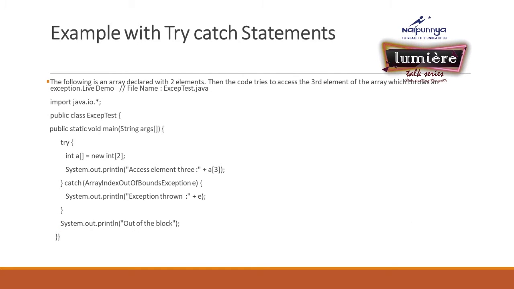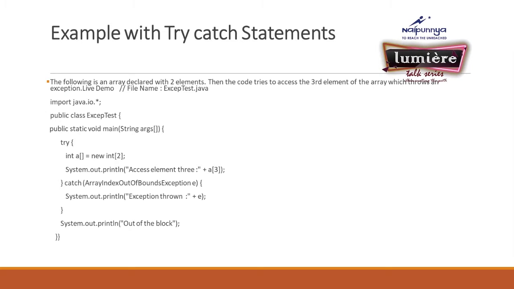You have an example. You have an array which is declared, and the array contains 2 elements, and we are trying to access the third element. So this will generate an exception. Now for exception handling, we have bundled that exception-prone statement, that is the statement which is going to access the third element, inside the try block. After the try block, we have given the catch statement, because once an exception is generated, an object will be created and thrown, and this thrown exception needs to be caught by the catch block, which will handle that particular exception.